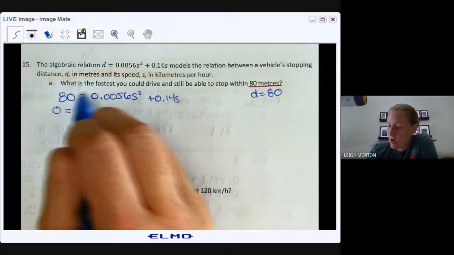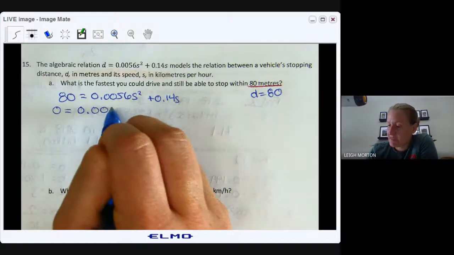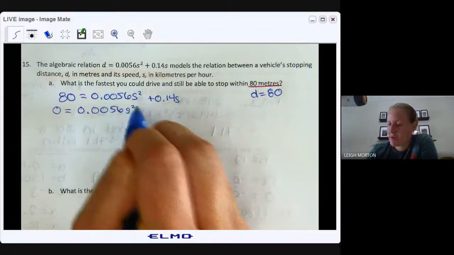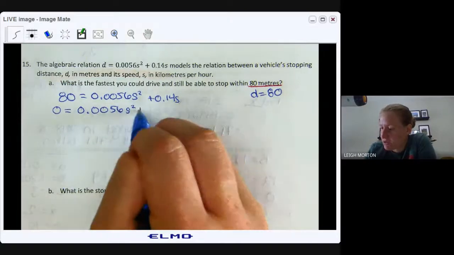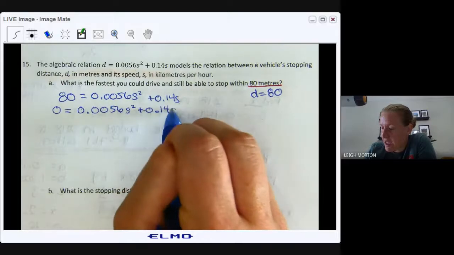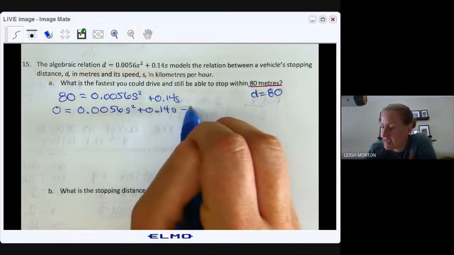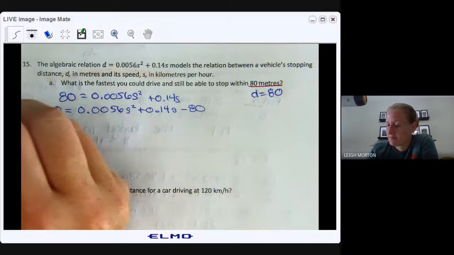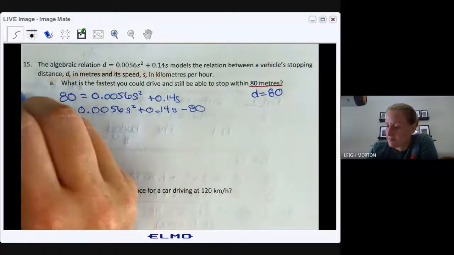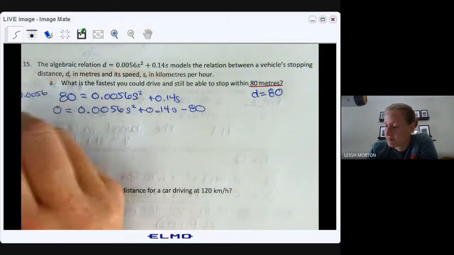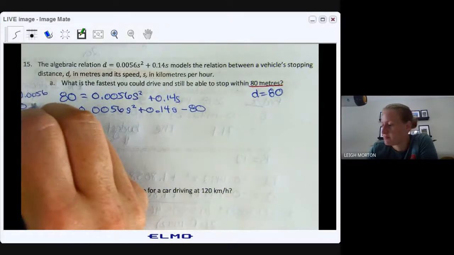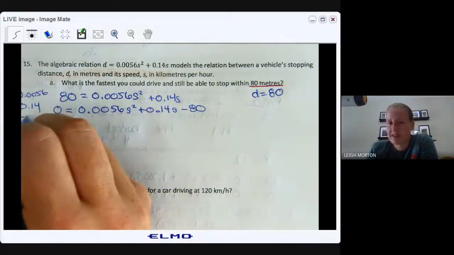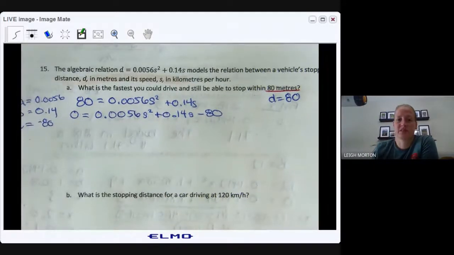When I move that 80 over, I'm left with 0.0056 s squared plus 0.14 s minus 80. And there's my A, B, and C values.